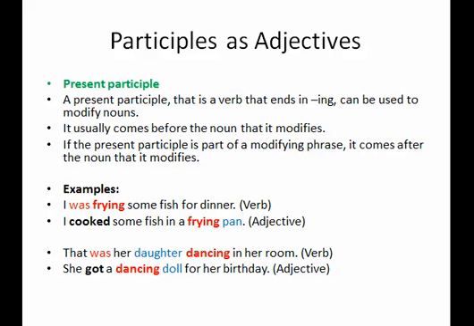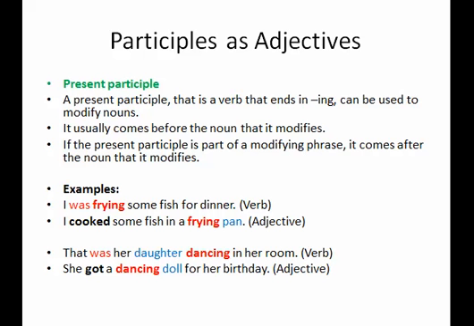Look at the second example. That was her daughter dancing in her room. What was her daughter doing? She was dancing. Was dancing is again a verb. On the other hand, she got a dancing doll for her birthday. What did she get? She got a doll for her birthday. Now, what kind of a doll was it?